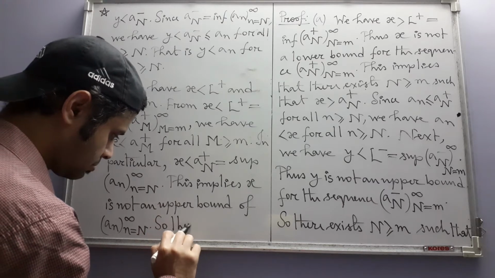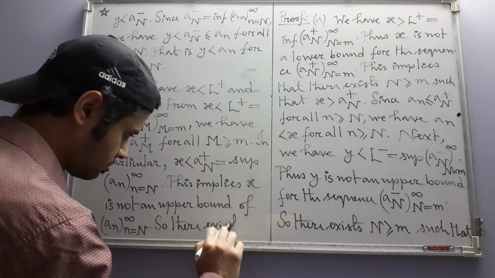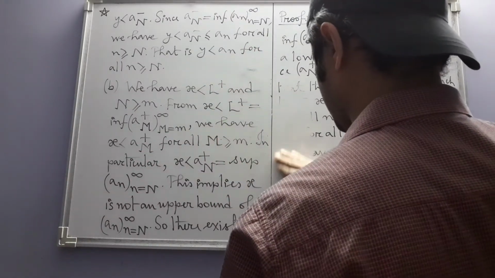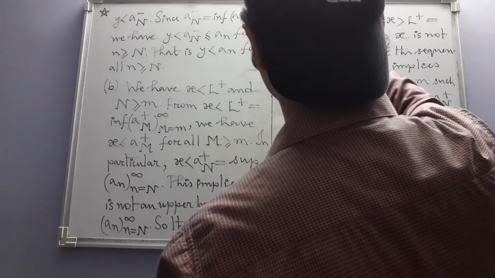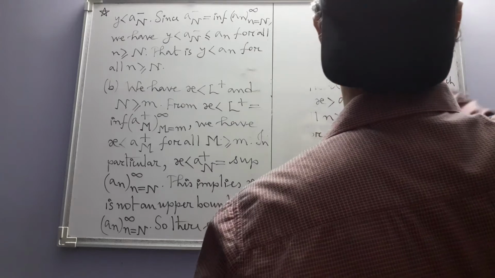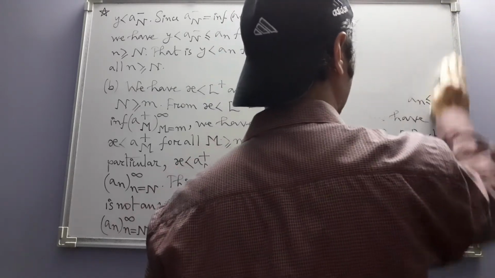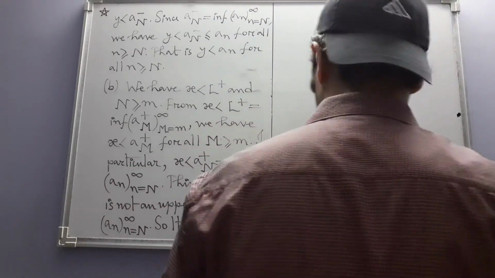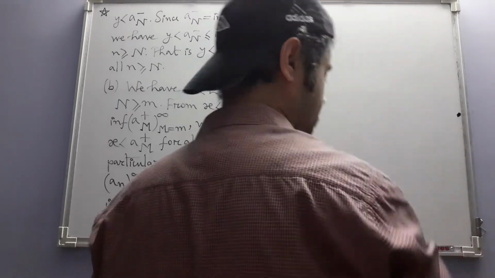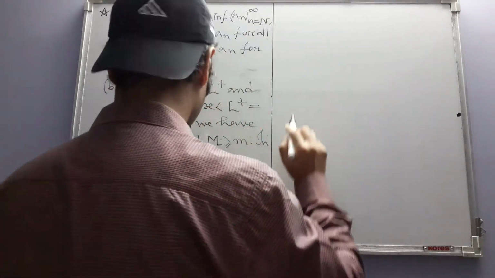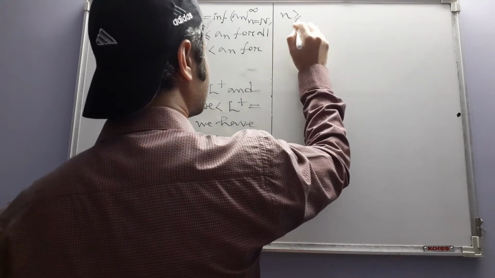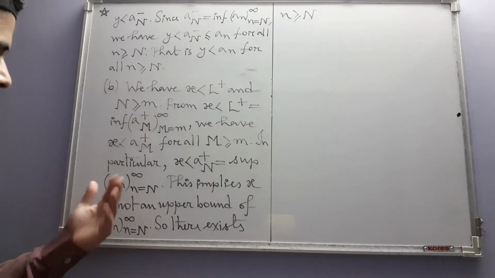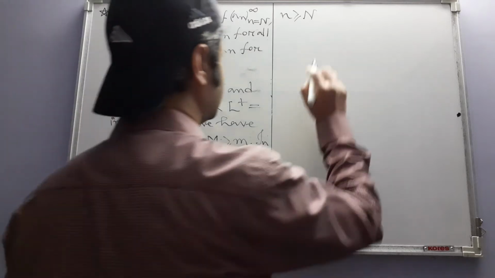So there exists an integer N such that the corresponding a_n will exceed x, because x is not an upper bound.